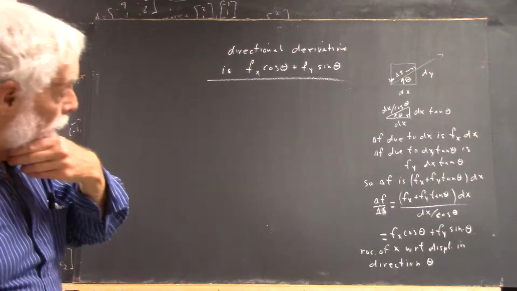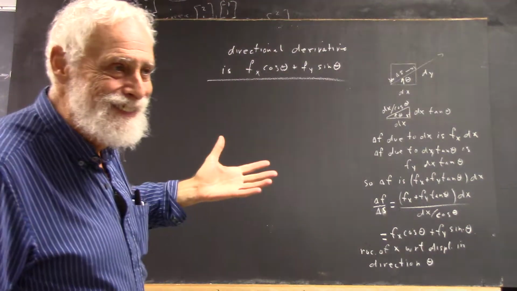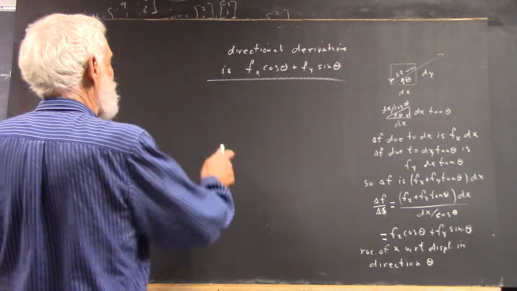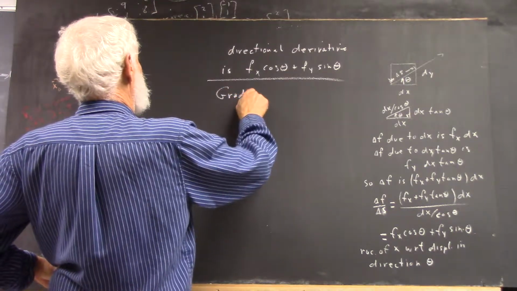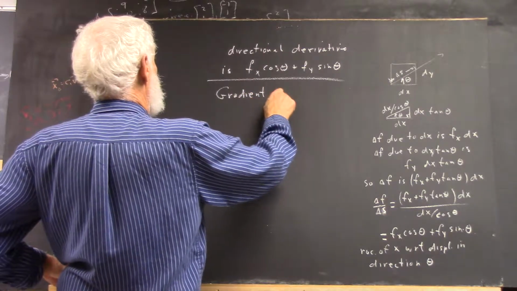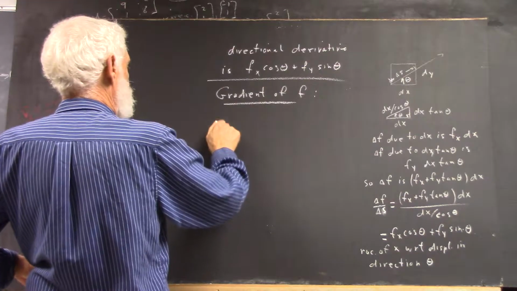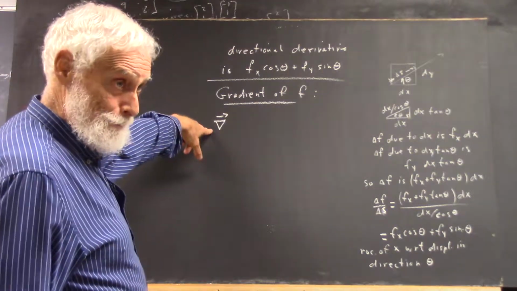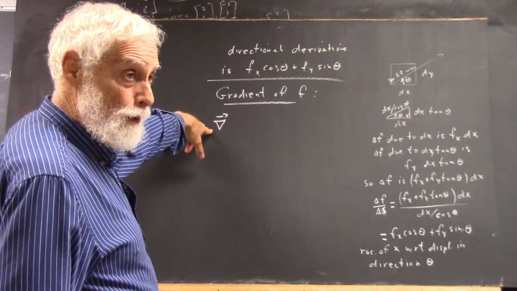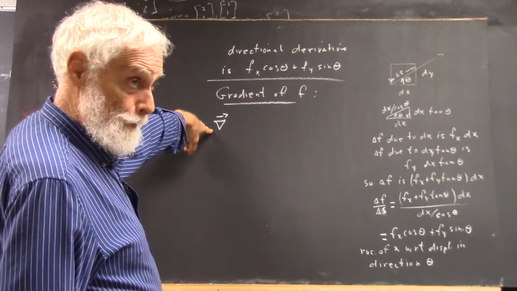Now, I hadn't anticipated I would do this today, but what the heck? Okay? The gradient. Upside down delta with an arrow over it. This is what we're going to call an operator.